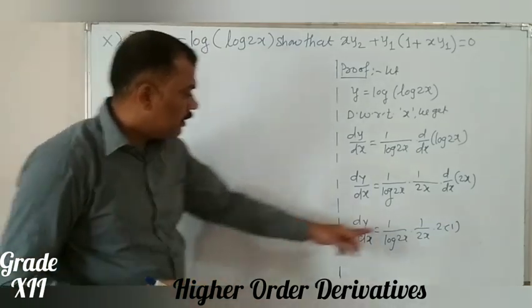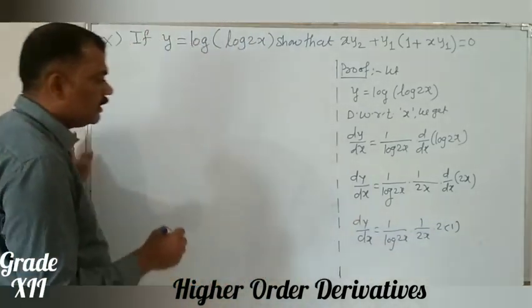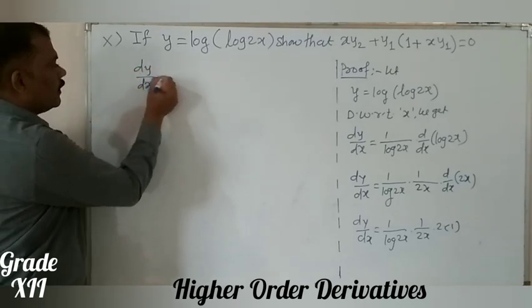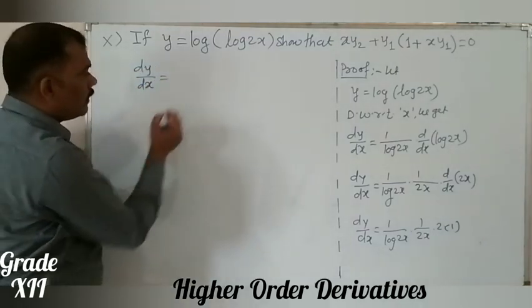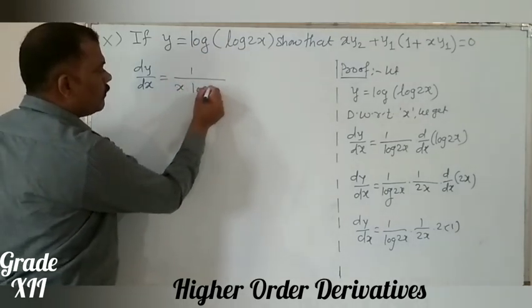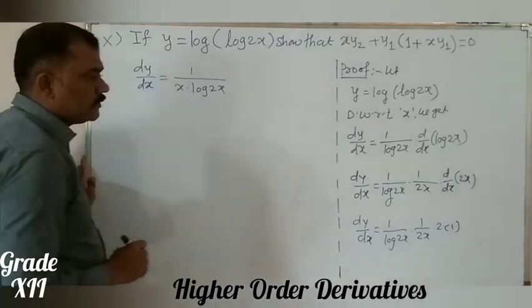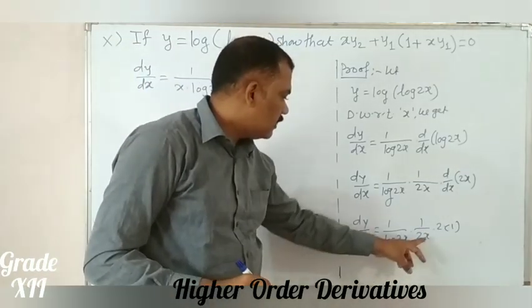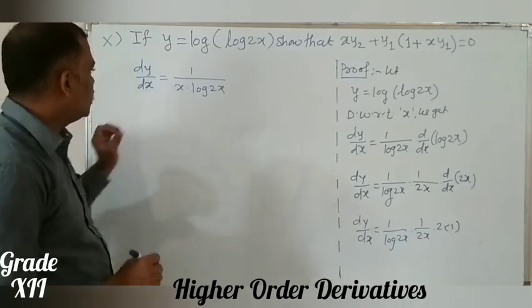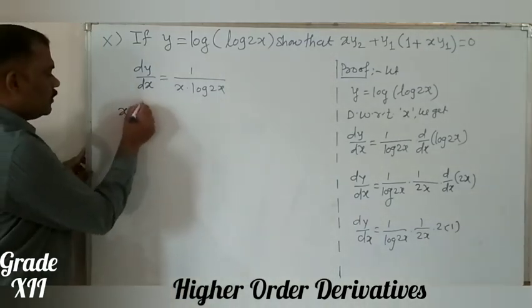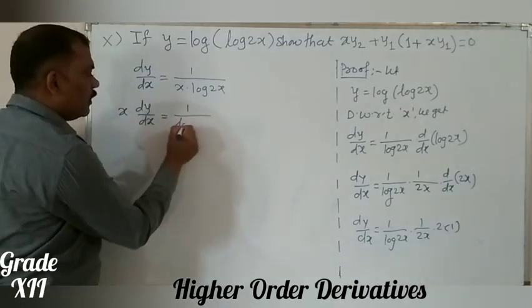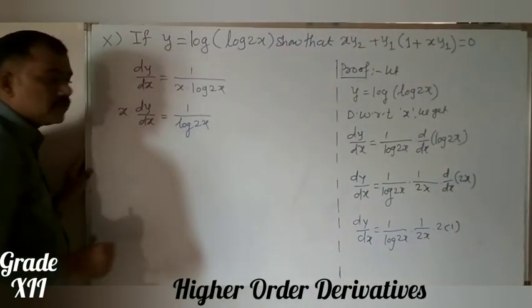Also here 2 gets cancelled, so that we can write dy by dx is equal to 1 upon x into log of 2x. Here 2 gets cancelled, x into log of 2x remaining in the denominator. We have to take this x on this side. It must be x into dy by dx is equal to 1 upon log of 2x.